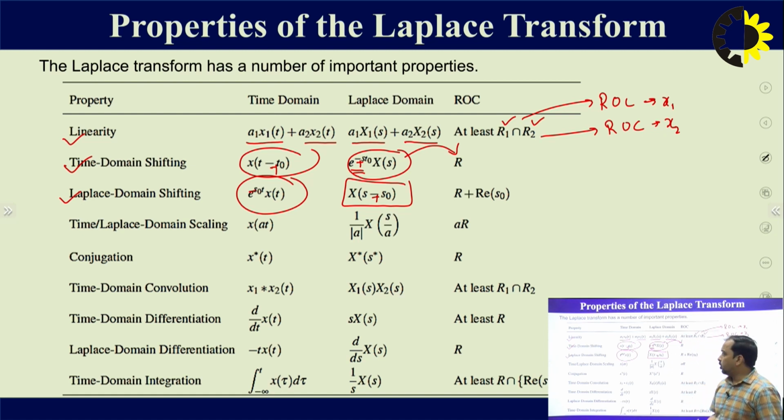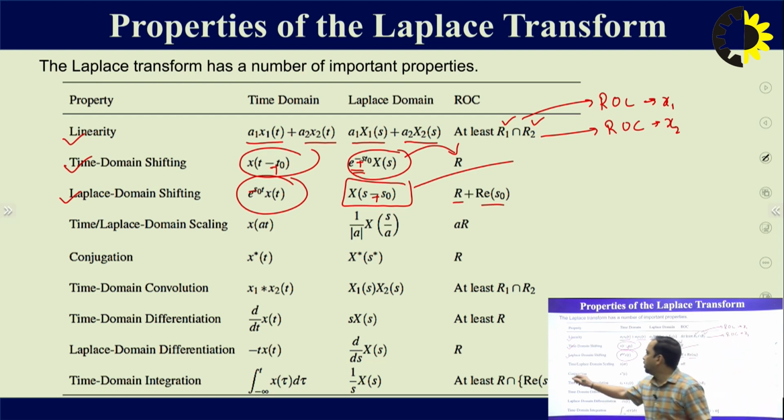Now we can clearly see that if we have X of s minus s naught, each and every pole will have an additional component of s naught. So the new ROC will be the existing ROC shifted by the real part of s naught. S naught may be a complex quantity.